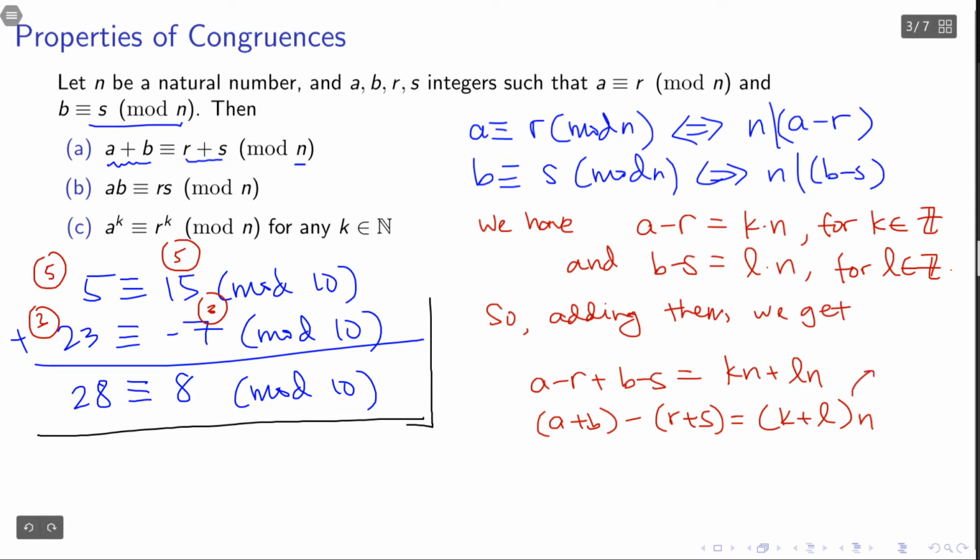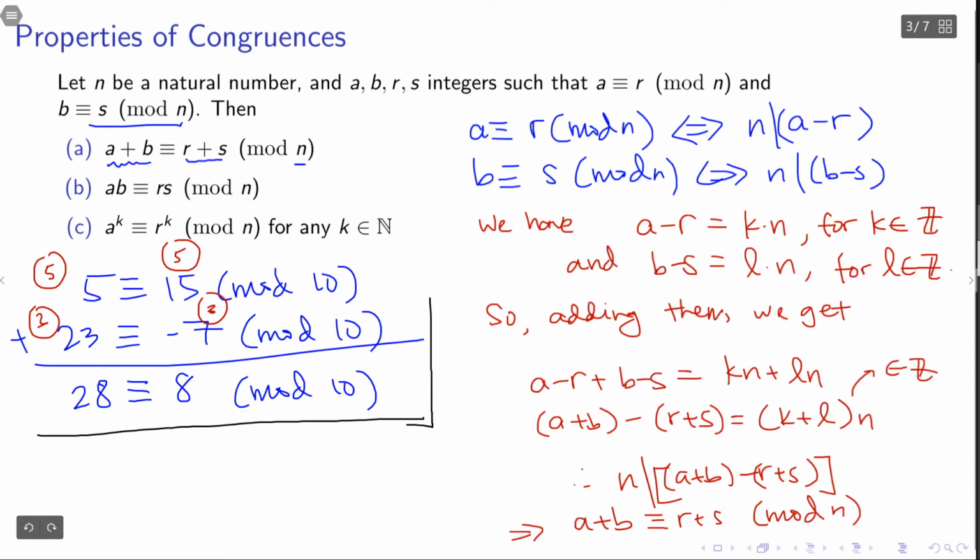And since k plus l is an integer, this tells us, using the definition of divisibility, that n therefore divides the difference, a plus b minus r plus s. And this proves what we want. a plus b therefore is congruent to r plus s modulo n. So it just takes a bit of manipulation to prove it in this way, using the definition of divisibility and congruence. And you can try it yourself for b and c here.